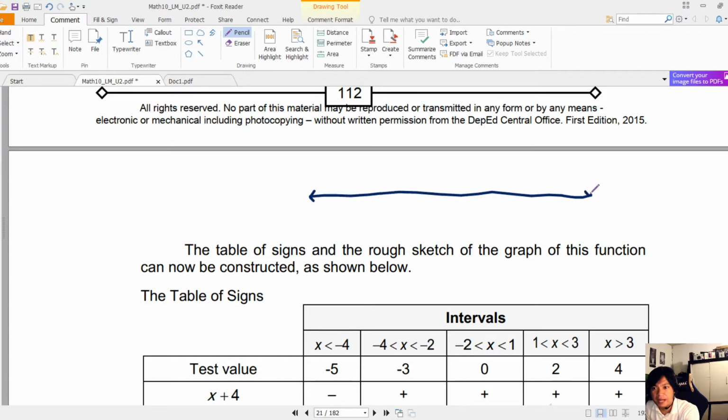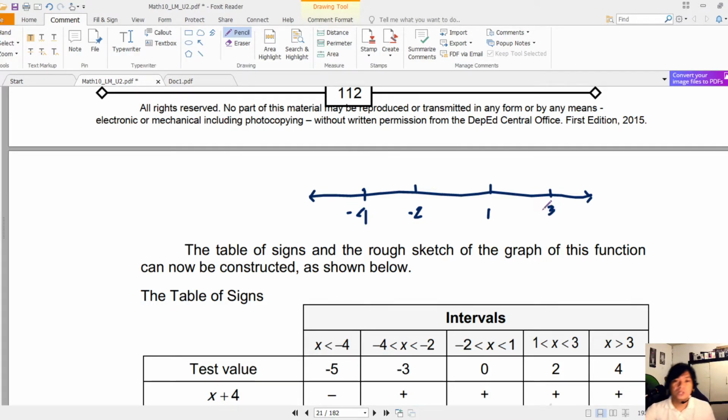Kailangan natin ng number line para ma-visualize natin yung intervals. So, nauna yung negative 4. Yung pinakamaliit na numbers is negative 4, followed by negative 2, followed by 1, tapos ito yung 3 natin. So, ito yung number line natin.